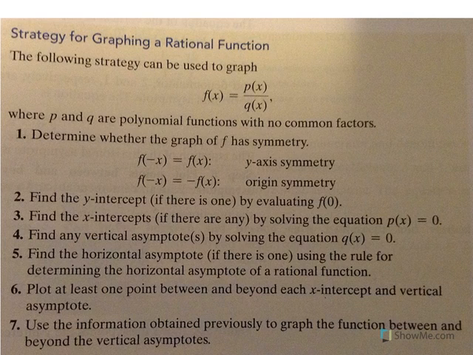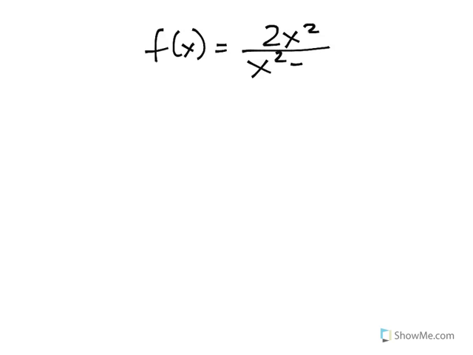So let's see. The first problem would be f of x is equal to 2x squared all over x squared minus 9. And the first step here is you're trying to determine whether the graph of f has symmetry.